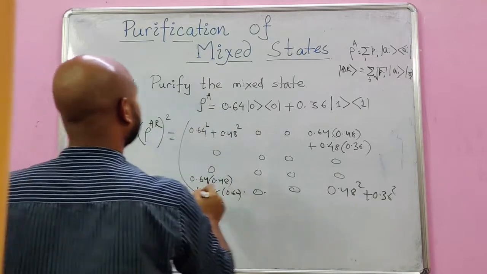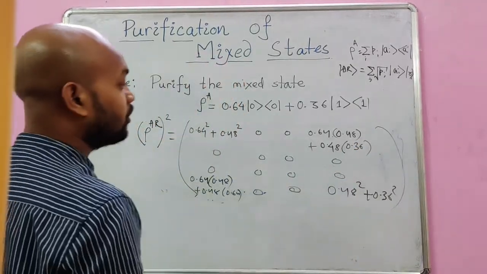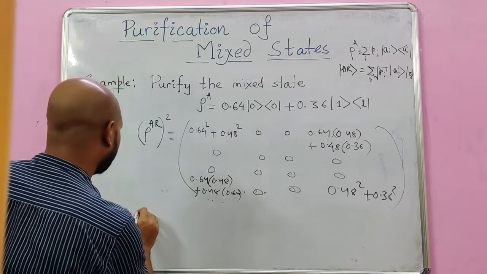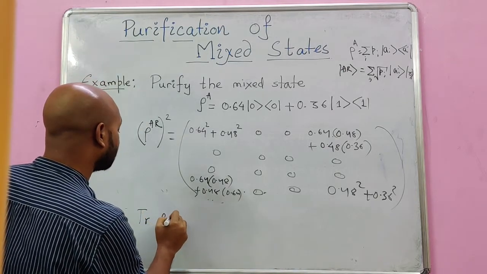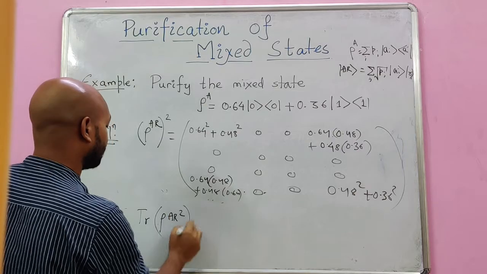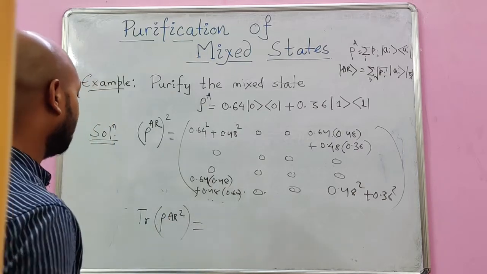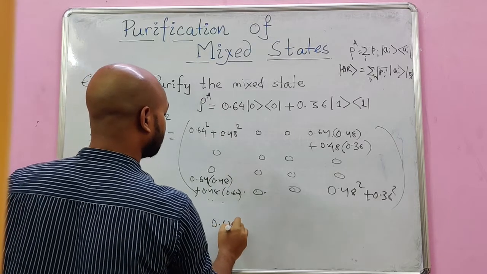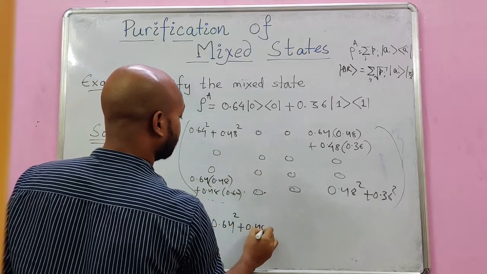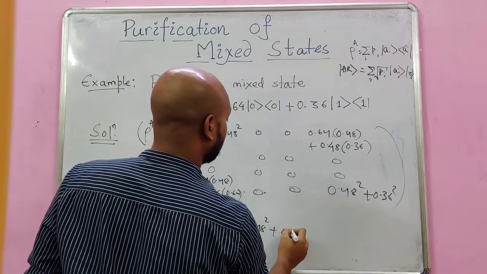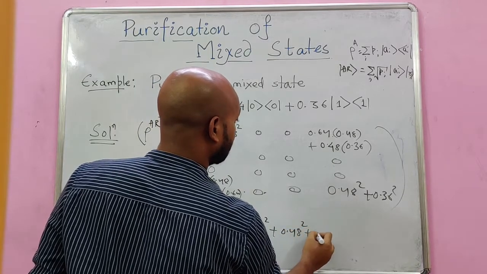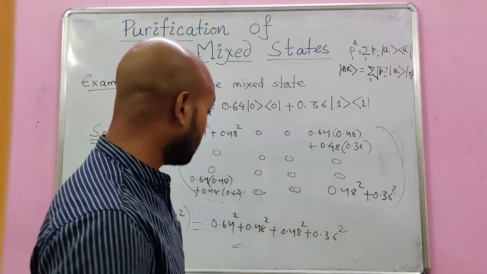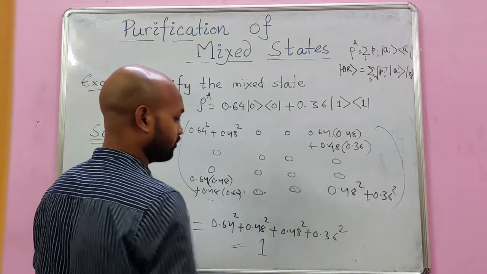Now, this is our rho AR squared, and to check the purity of a state, we have to take the trace of the rho squared matrix. This thing is 0.64 squared plus 0.48 squared plus 0.48 squared plus 0.36 squared, and if your math is good enough, then you would find it to be 1.